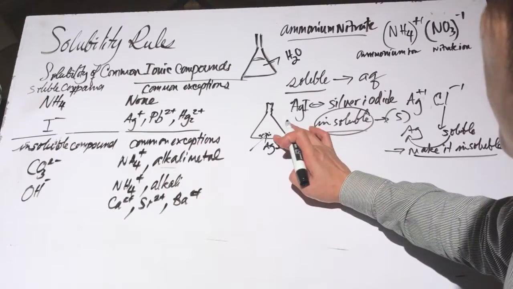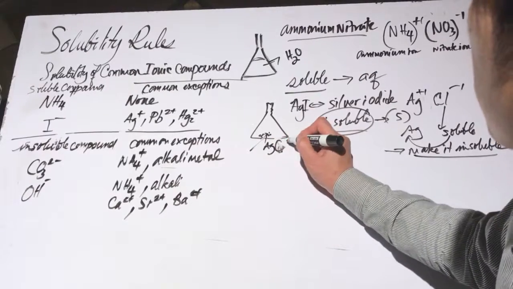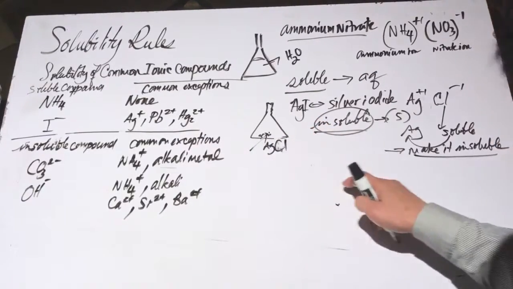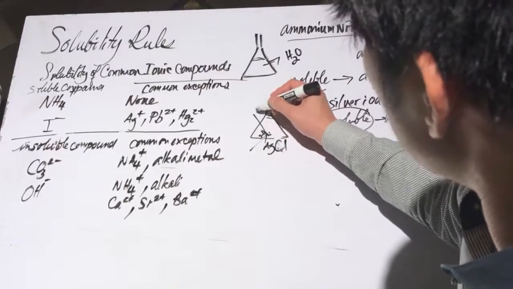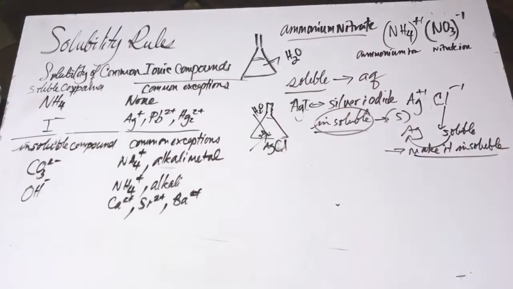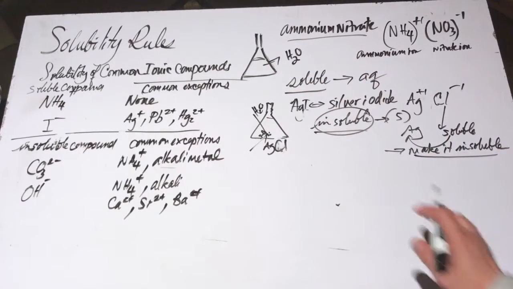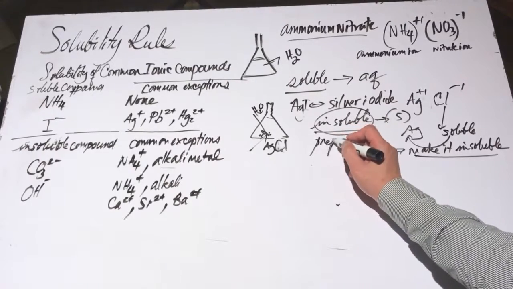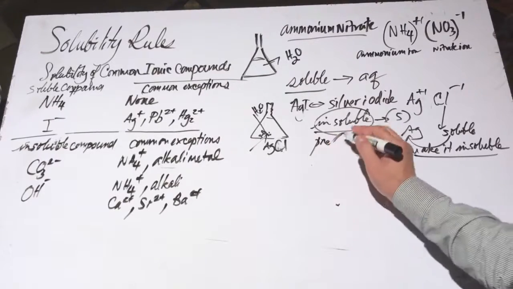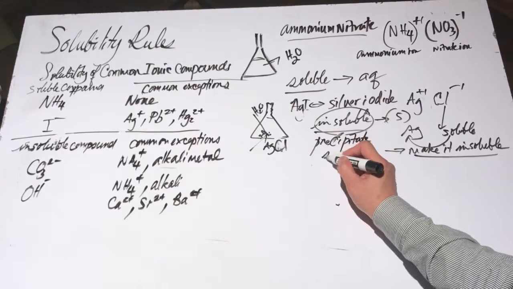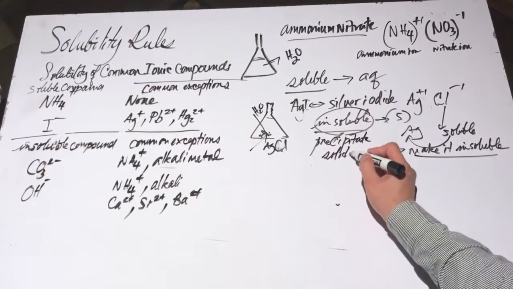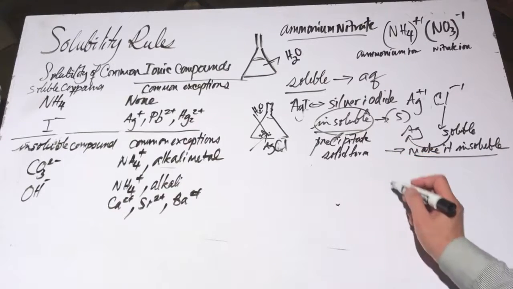Oh, I'm sorry, it will be AgCl, silver chloride, and this is water. If it is insoluble, it means it's a precipitate. Precipitate means a solid form.